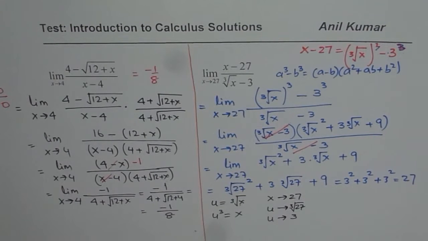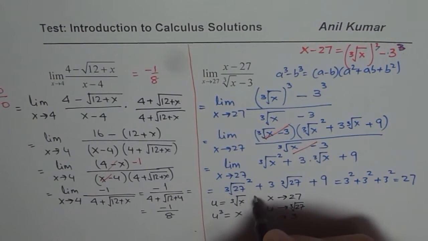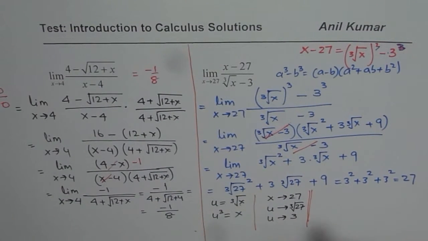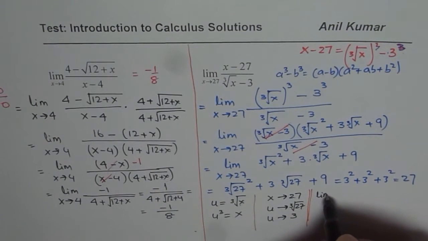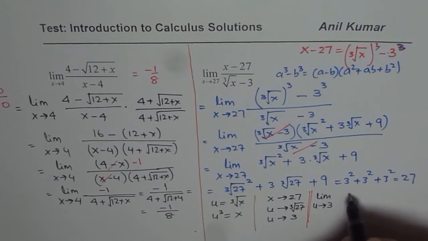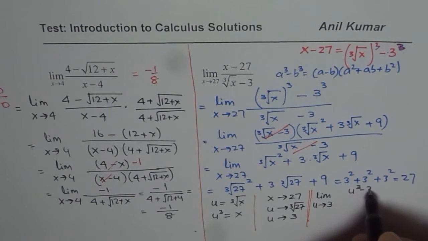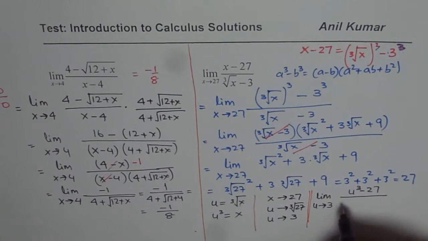You get my point? Once you substitute u, the question changes, and you could write it as limit u approaches 3 of u cube minus 27 divided by u minus 3. You get the idea, right?